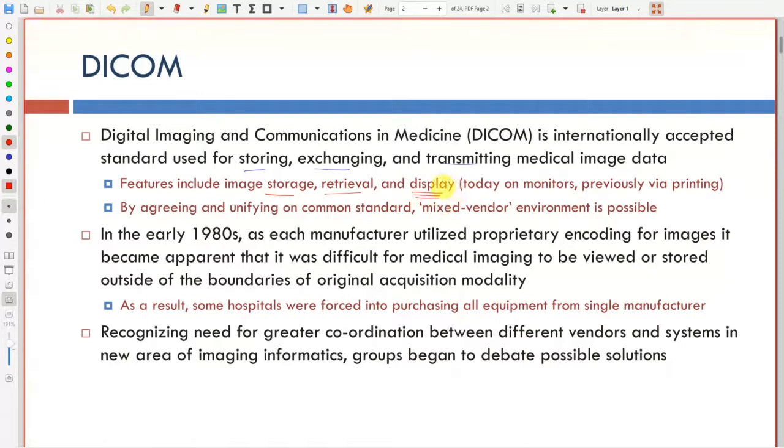Sometimes you think about this and wonder why display would be a problem. Because if you have an image and you get the image data, then you can definitely display it. But we're going to see that very strange things happen in different modalities, and one of these things is how to display the image.